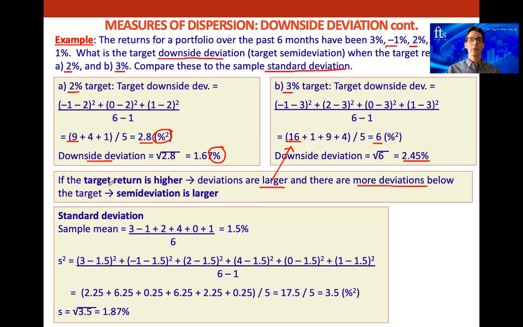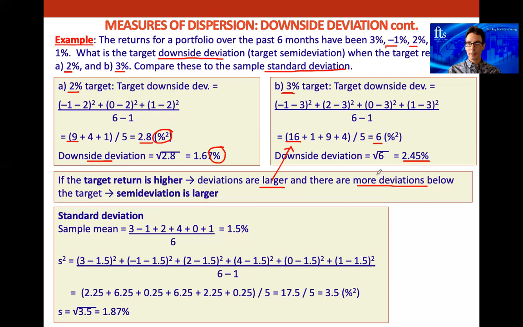For example, for this 2% target over here, we didn't take the 2% observation into account, because it was the same. If we did, 2 minus 2 is 0, so there's no difference. But now we are taking this deviation into account, because 2 is below 3, so we need to incorporate it when we do our 3% target.